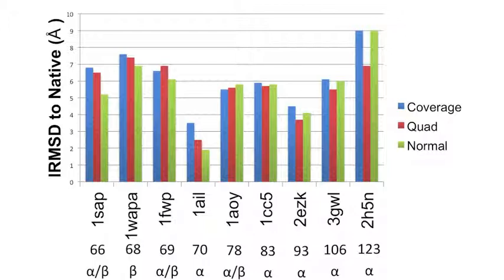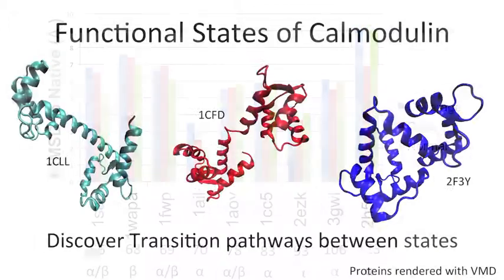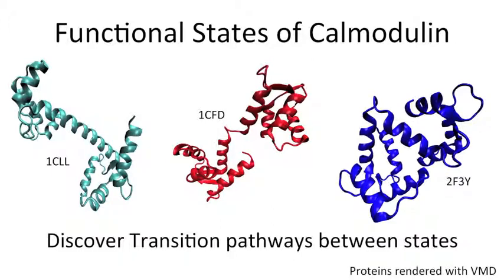Many proteins tune their biological function by transitioning between different 3-dimensional shapes. This slide shows 3 states of calmodulin. Each of these protein structures is comprised of the same amino acid sequence and represents a system with several thermodynamically stable states.